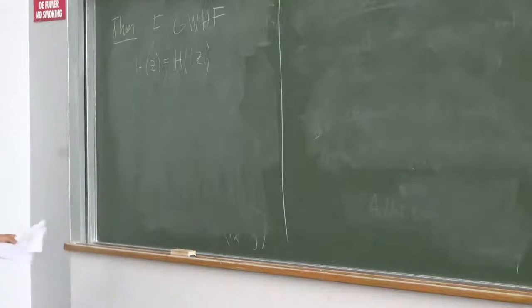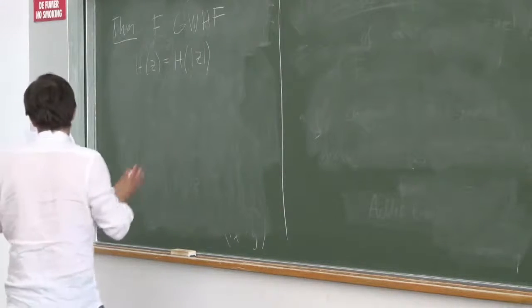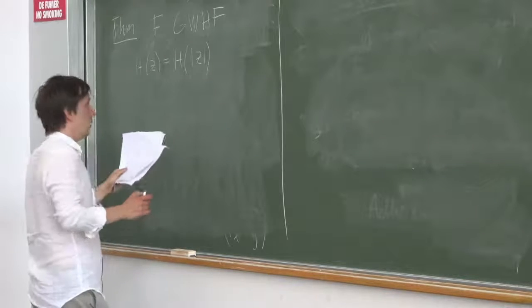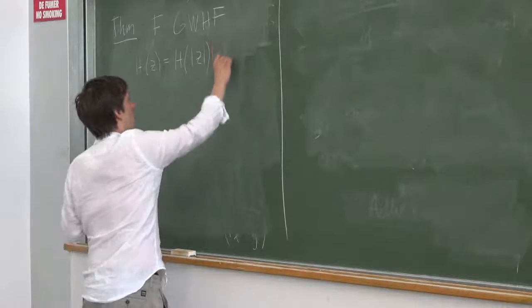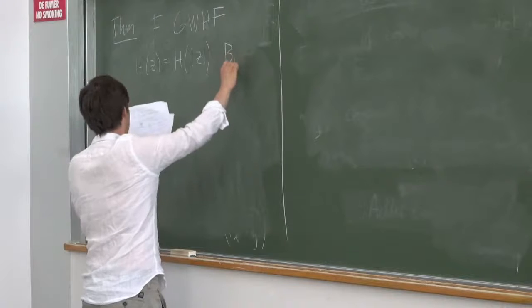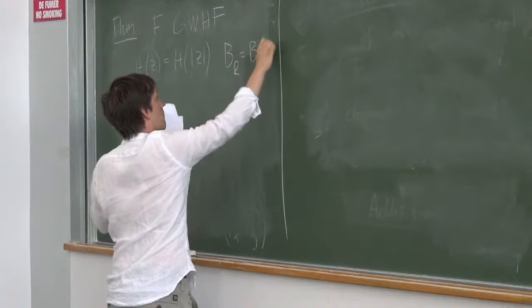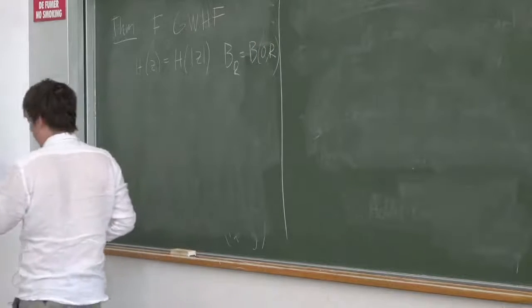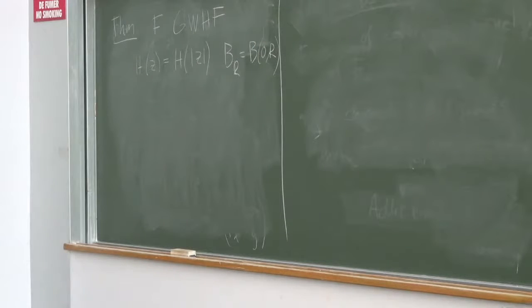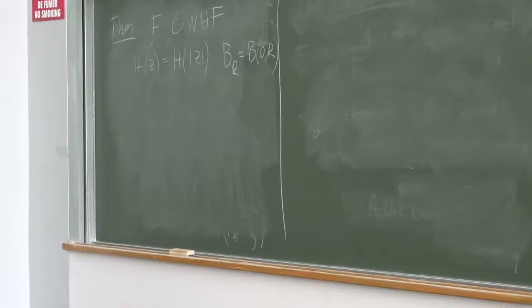We assume that it's radial. This function h, which you see up there, is a radial function. And then we look at balls of radius r, and r is going to be a big number. And then we are interested in these variances.